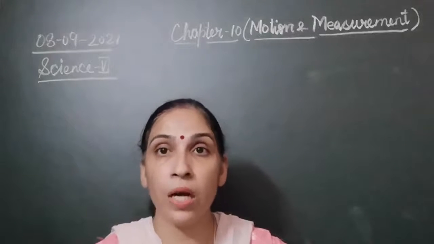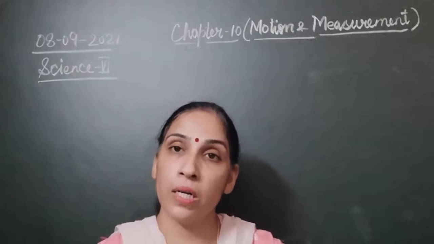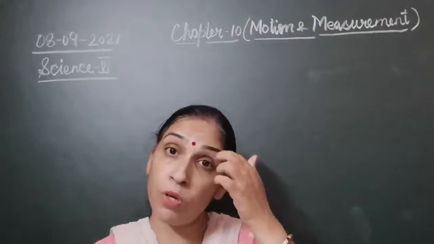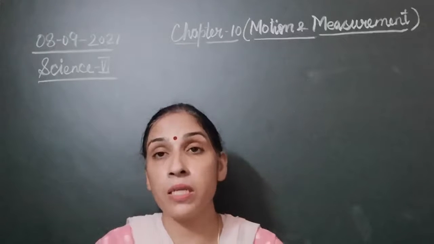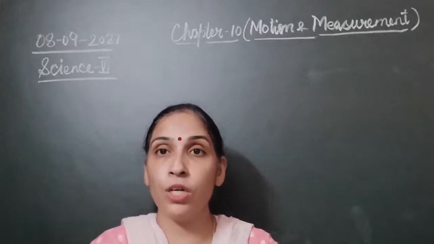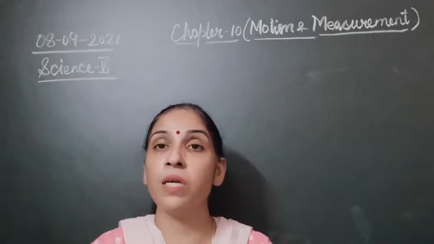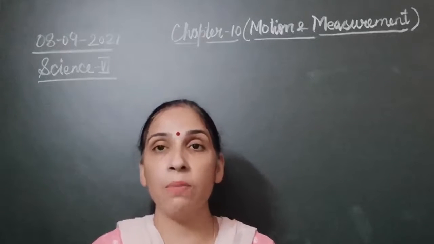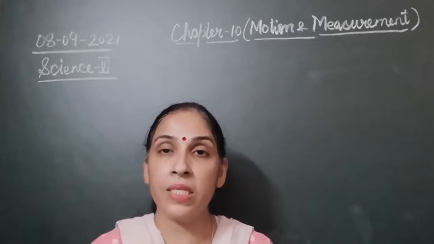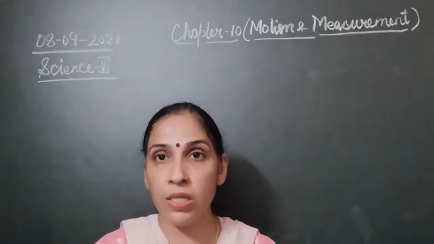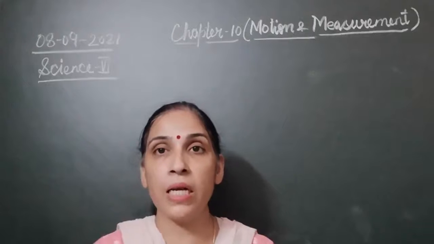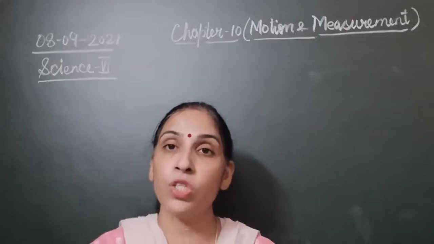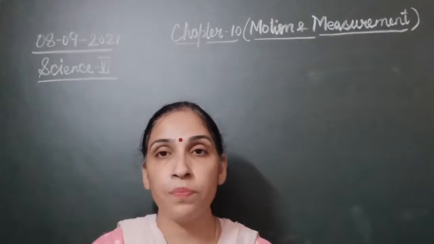Or if you are going to buy clothes, the shopkeeper asks what is the number of shirt or trouser which you are wearing. Why do they ask for a number? Since your foot can be measured, there is some measuring unit which is used to measure your foot.